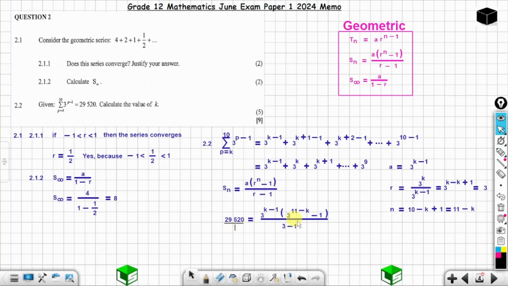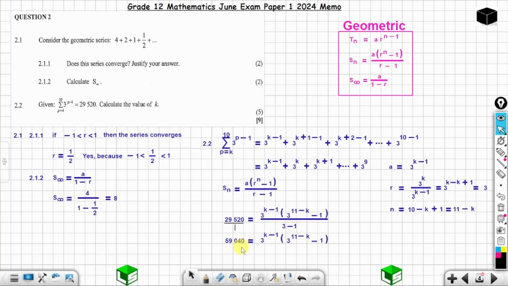You can do cross multiplication. So you have 29,520 times 2, you're going to have this. You cross multiply. Now, this is equal to 1 times this. Cross multiplication. 1 times this, you're going to have this.